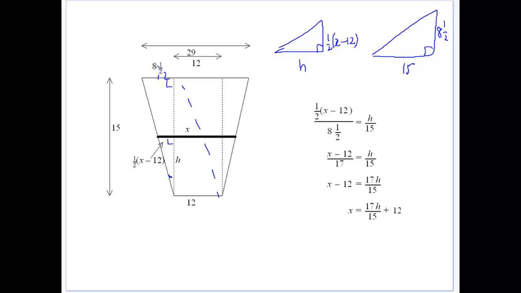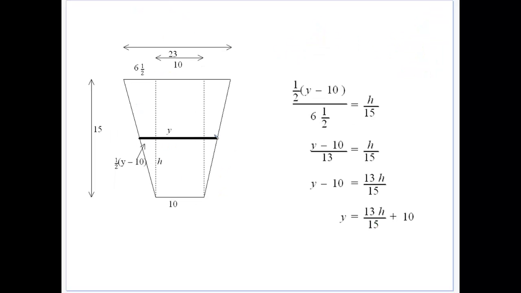Split it up, we've still got that symmetry happening. This is x, half outside of x minus 12, and we're able to create the similar triangles with the h on the 15, and these two sides being in the same ratio. Cleaning it up, we get our value for x as 17h on 15 plus 12. So there are our two triangles when we want to compare them.